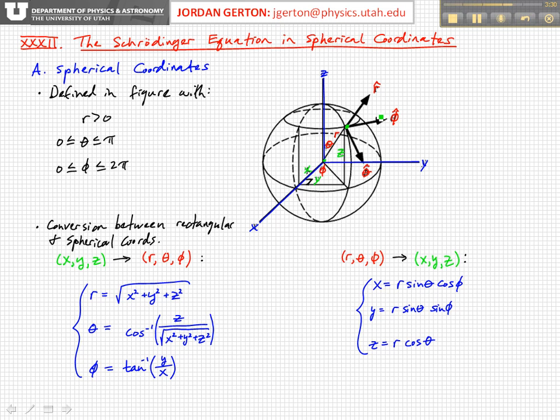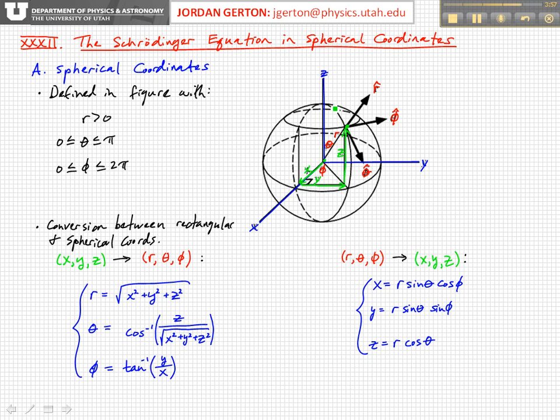Okay, so normally when we define a point in Cartesian coordinates, we would go out some distance x, we would go this way some distance y, and then we would go up some distance z. And then here in polar coordinates we go out from the origin some distance r.